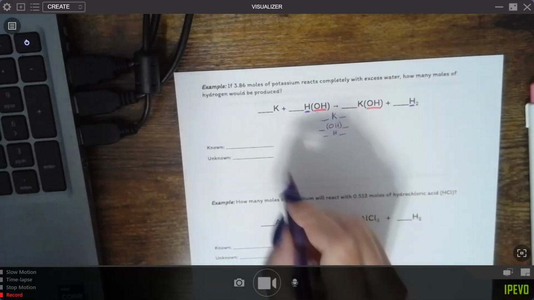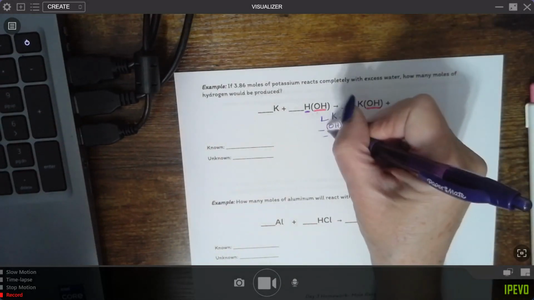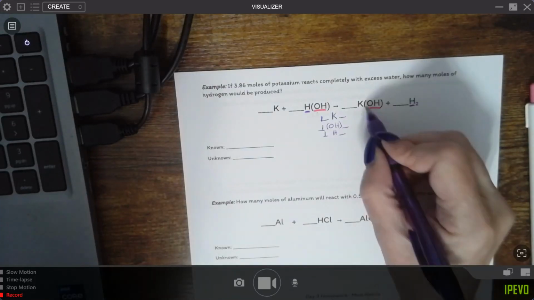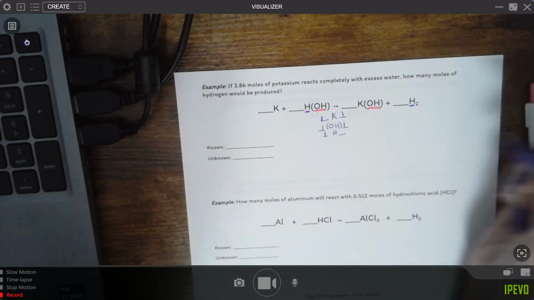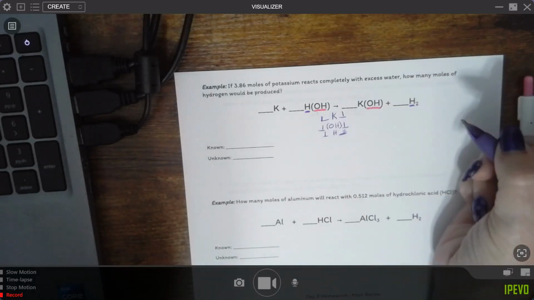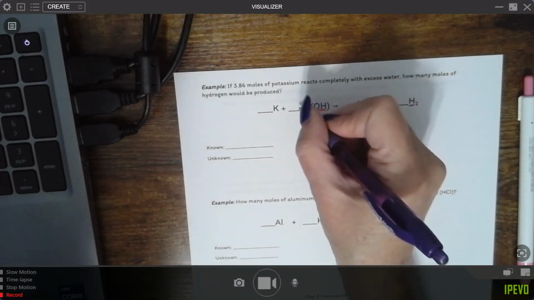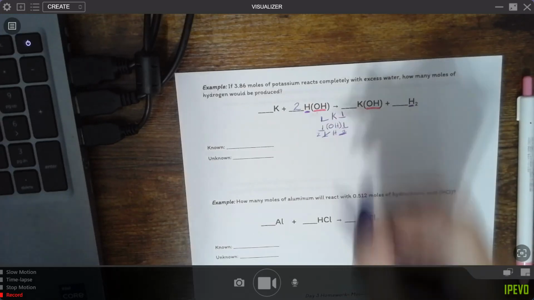So over here we have 1 potassium, 1 OH, and 1 H. Over on this side, we have 1 potassium, 1 OH, and 2 H's. To balance this, I'm going to put a 2 here, which gives me 2 of the single H's.